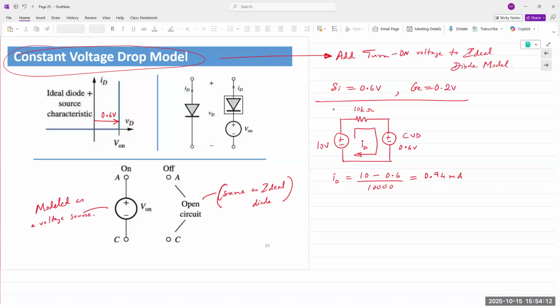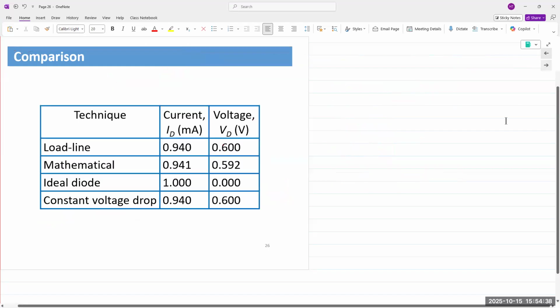So after solving all this, let's take a look at a comparison of all the 4 techniques. I'll give it a few more seconds for people to write it down. We used 4 techniques: load line, iterative, ideal diode, constant voltage drop.